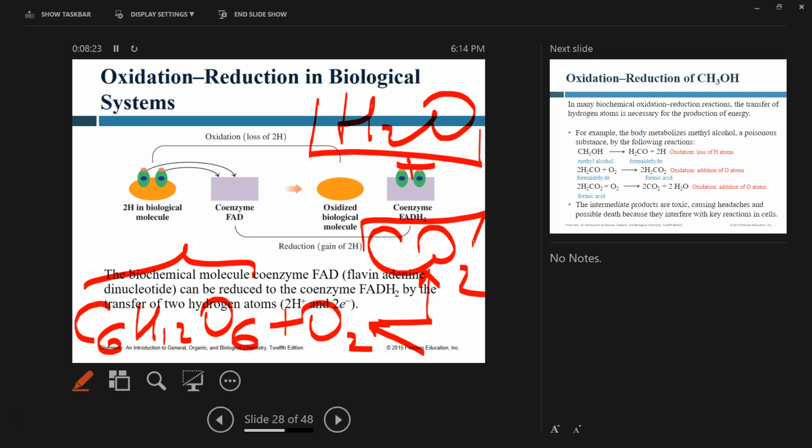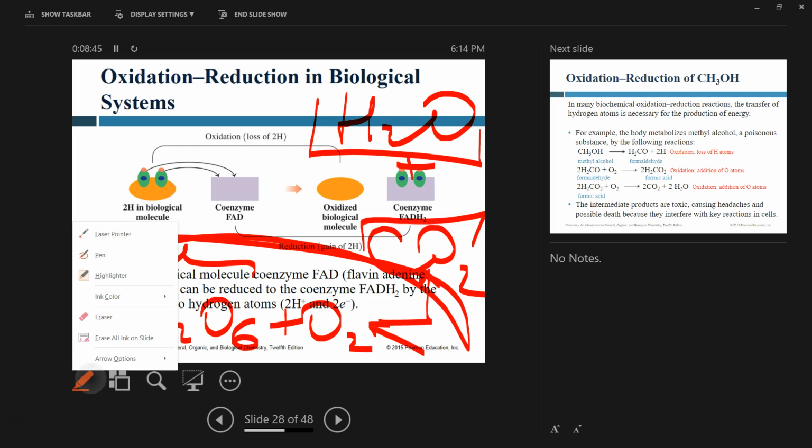That's an example of how oxidation and reduction play a role in deriving the energy for body function. So basically, when we eat carbohydrates, they get oxidized in a reaction similar to that, producing an enormous amount of energy. Does that make sense to you?